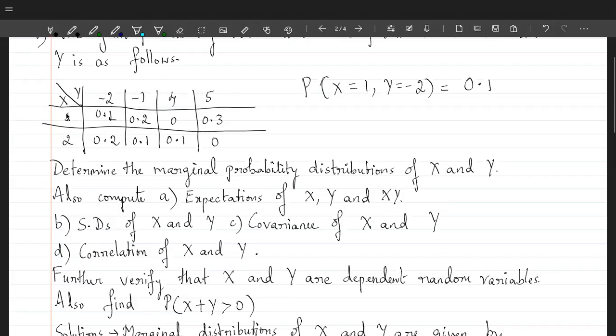So please note, if you want to calculate the probability that x takes the value 1, you will have to add these 4 probabilities here, because when x is equal to 1, y can take any value in this range.